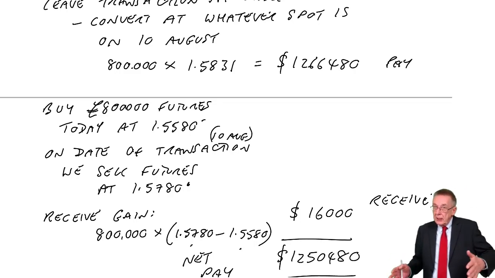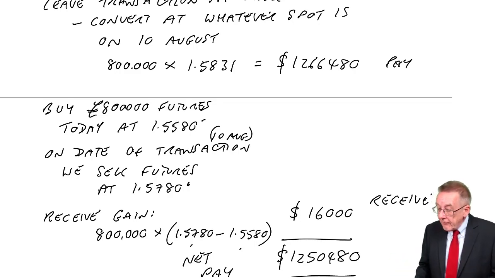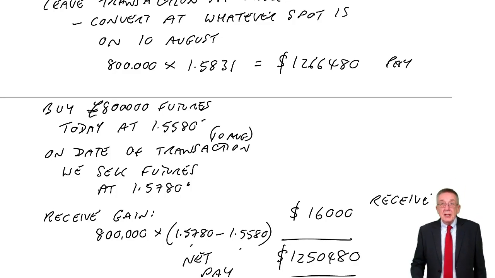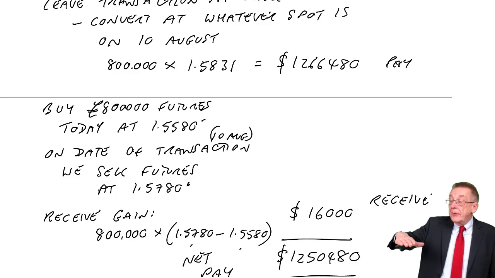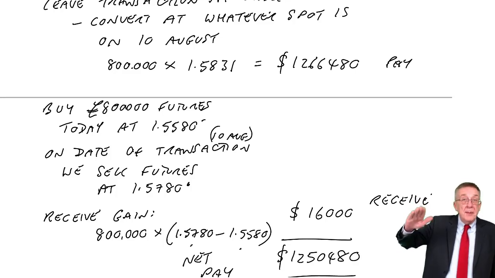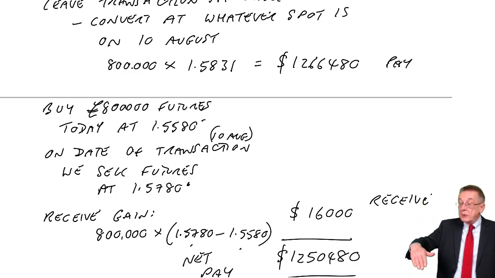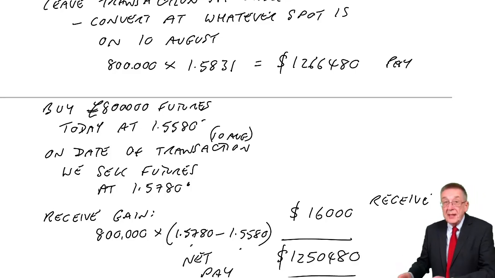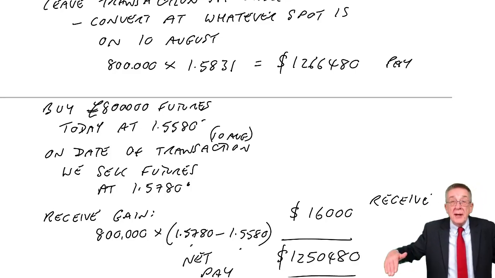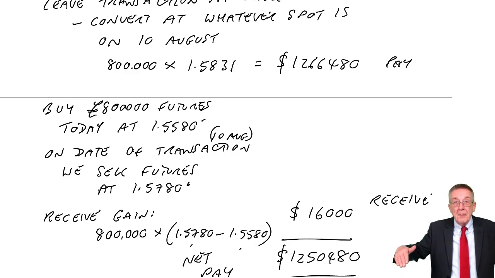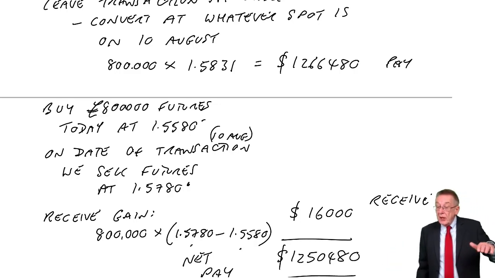But there are two deals going on. As far as the transaction's concerned, clearly by the 10th of August, the exchange rate may have gone up, it may have gone down. As a result, we may be paying more, as we're doing here, or we may be paying less. We don't know in advance what's going to happen. But separately, we've got this futures deal.